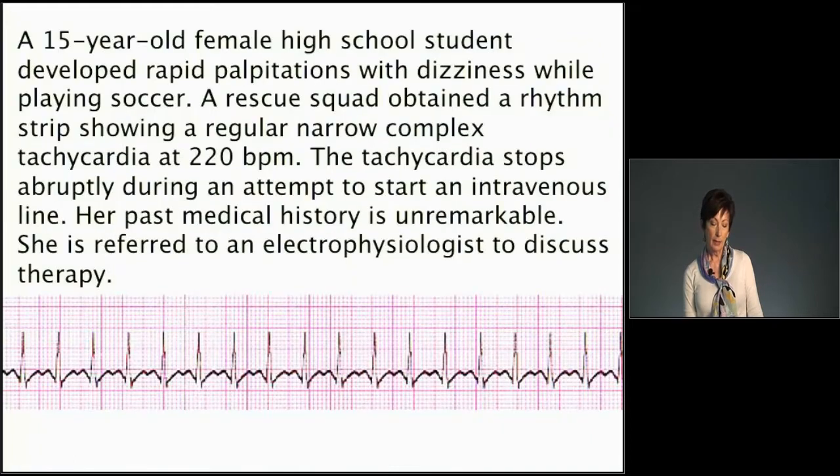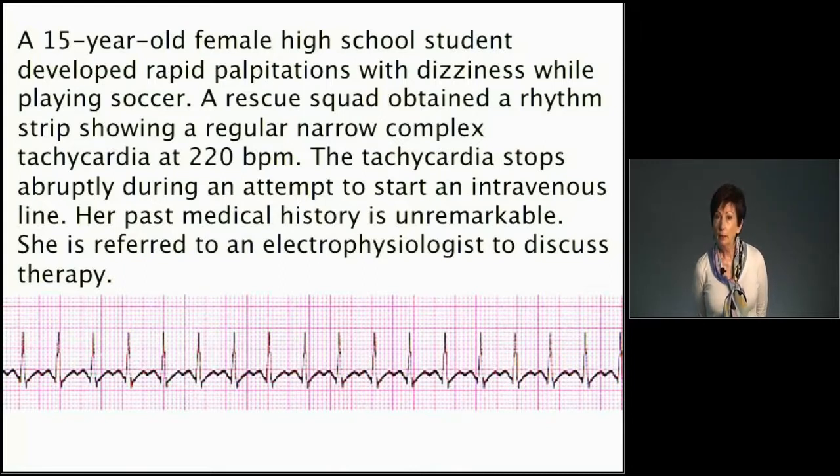So here's a case of a 15-year-old female high school student who developed rapid palpitations and dizziness while she was playing soccer. So the EMTs arrived and obtained a rhythm strip, and if you look, it shows a regular, narrow complex tachycardia at a rate of 220, and then it stops abruptly during an attempt to start an intravenous line.